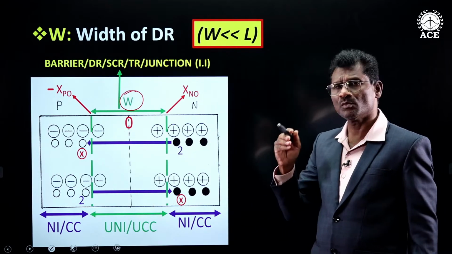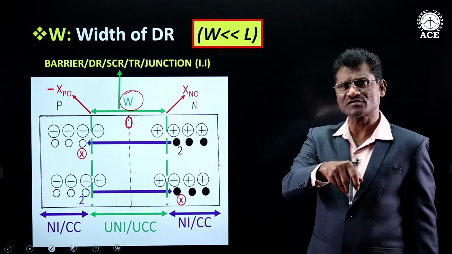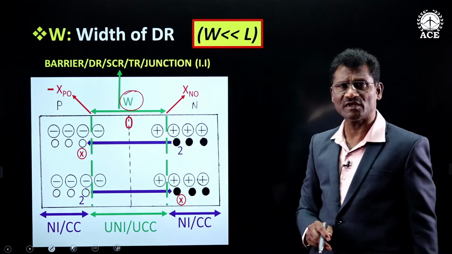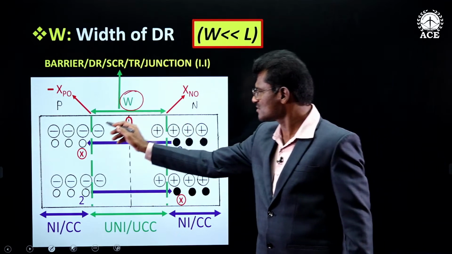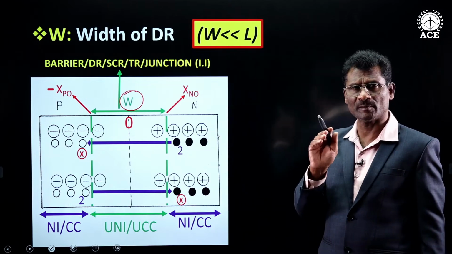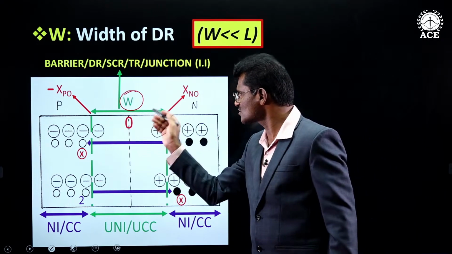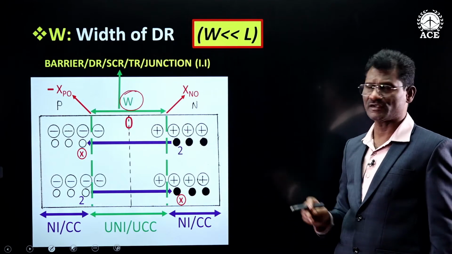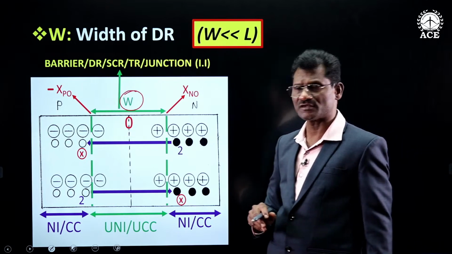Why? Because most of the explanation lies inside this barrier or depletion region, and hence this central part has been exaggerated in this diagram. But remember that physical size of this barrier is very less compared to length of the device or size of the device.